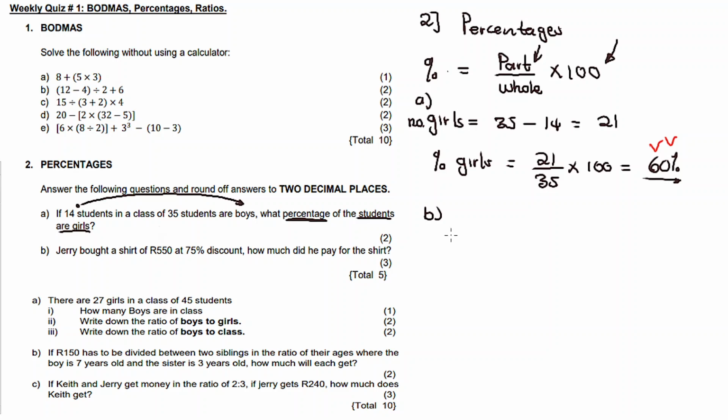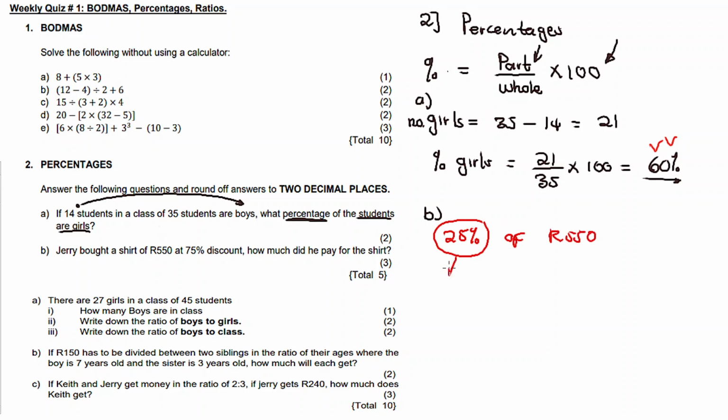You can start off by calculating the percentage of the original price you're going to pay for the shirt. What do I mean? If you have a 75% discount, it means that you're only going to pay 25% of the original price. This is how much you're going to pay: 25% of 550.